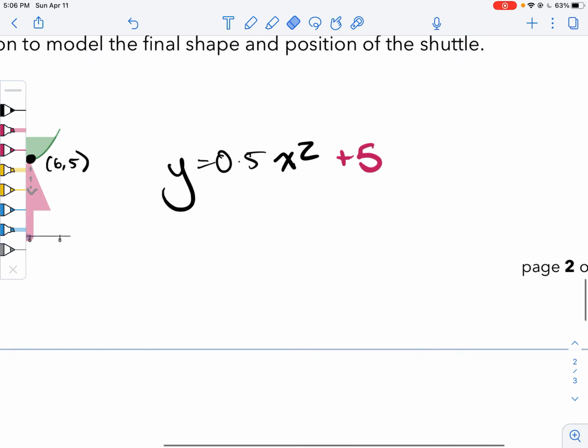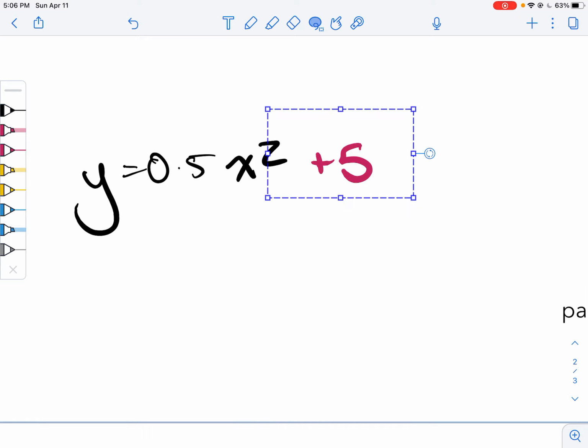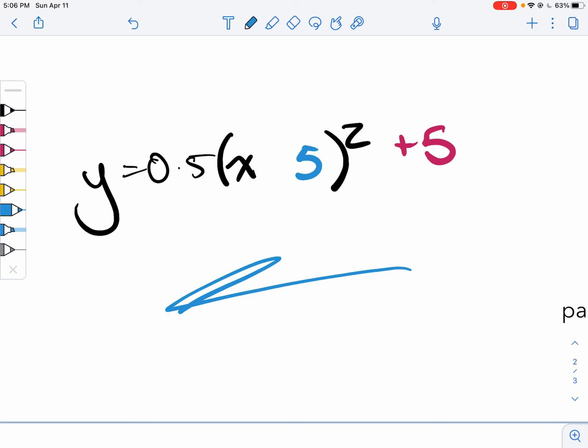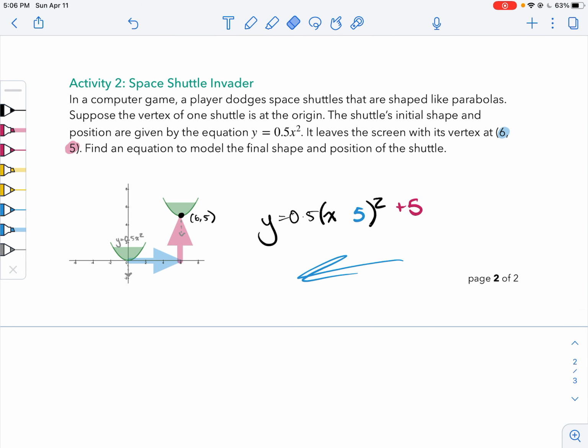So we need to crack open this square a second. I'm going to say not just x squared, but x and 6. If we did plus 6, that would be going to the left. And we did not go to the left, did we? No, we went right. So that's a minus 6. Ta-da!